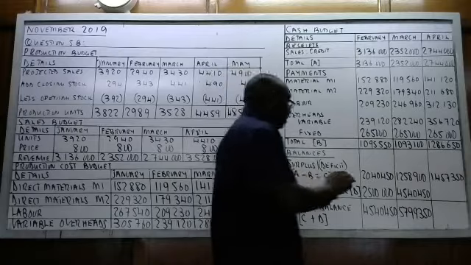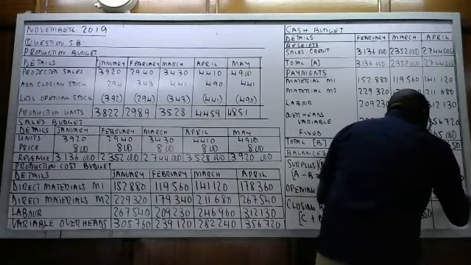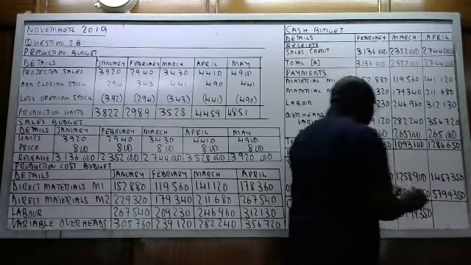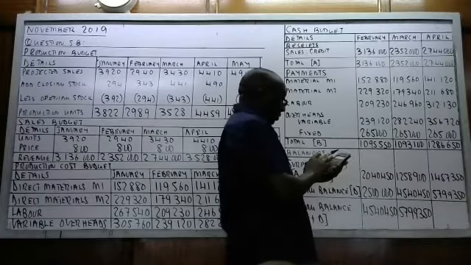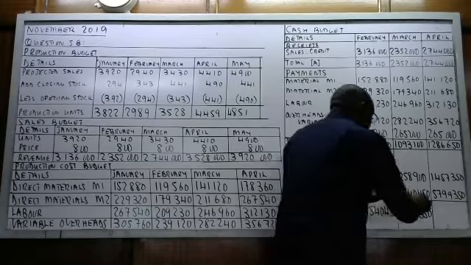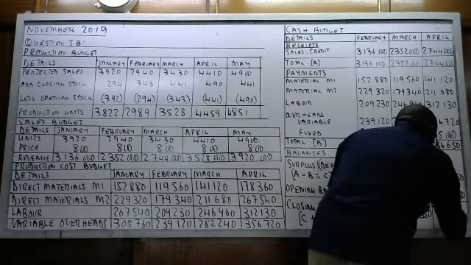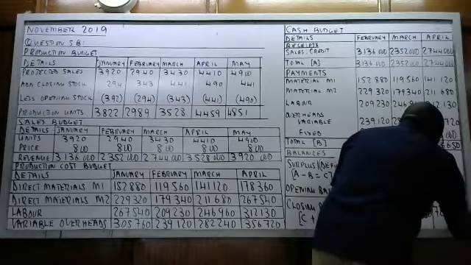Now you add 5,799,350. So I'm getting 7,256,700.